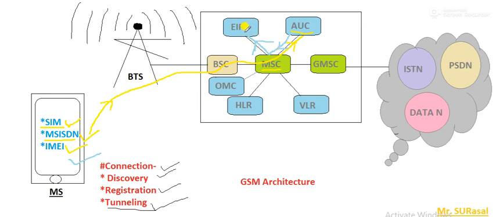Now after storing these details in the EIR, the MSC will again be acknowledged about the same, and based on that the MSC will divert this information to the HLR, that is, the home location registry, to know the current location, who the user is, all user details.